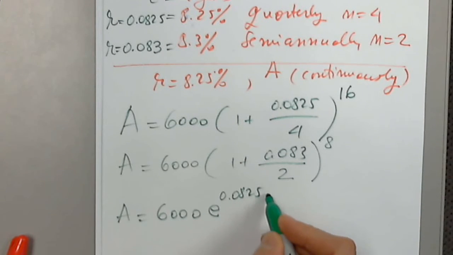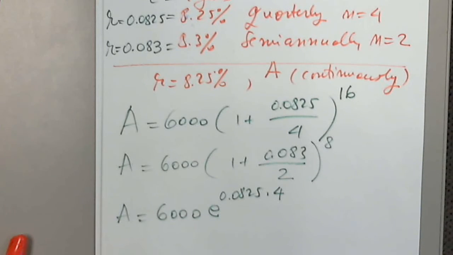No one can do this by hand. There's no such thing. So please go to your graphing calculator and let's put in 6,000, parentheses, 1 plus 0.0825 divided by 4, close the parenthesis, caret, and the power is 16.